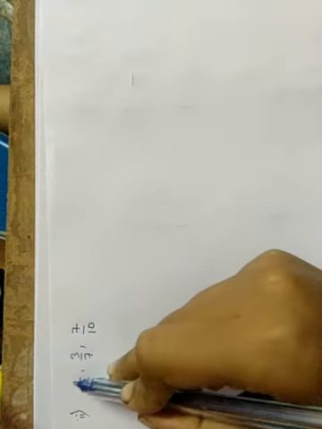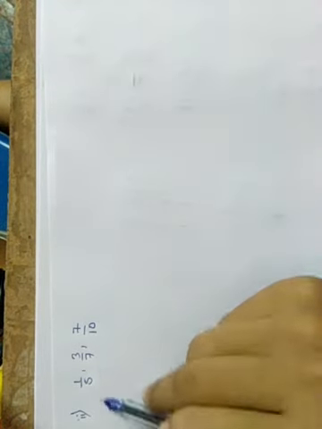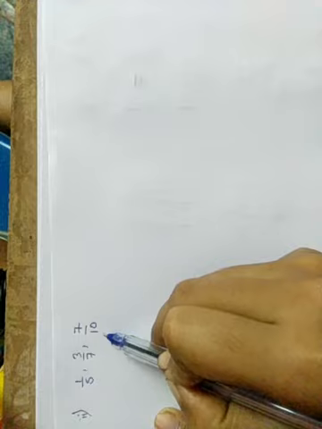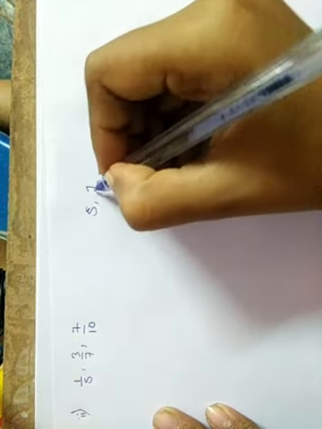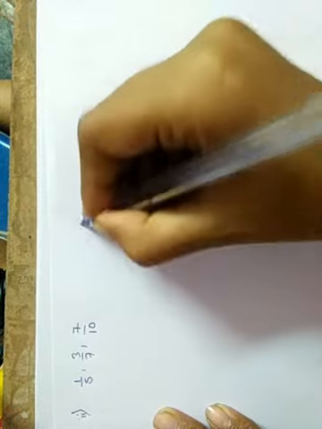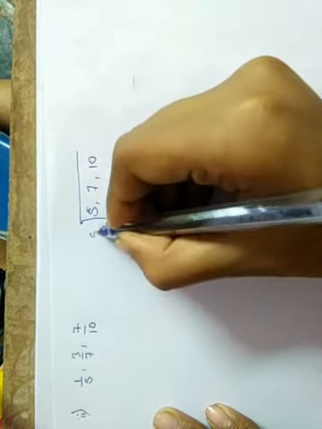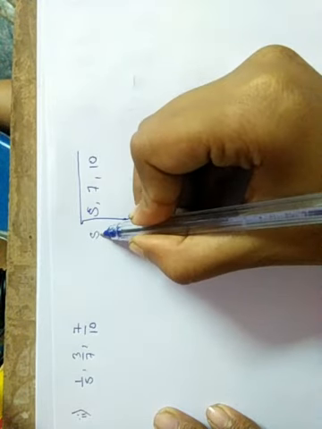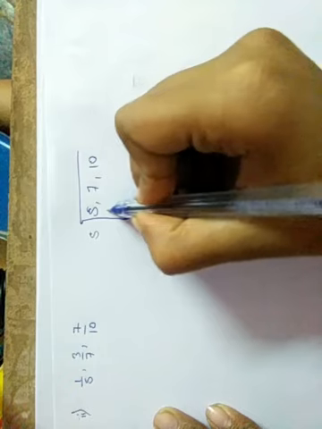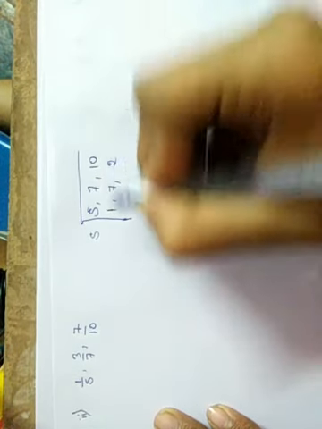Second problem, 1 by 5, 3 by 7, 7 by 10. Again we have to take the LCM of these three denominator values. We'll take 5, 7, 10, right? Again I will simplify it by 5 because two numbers will get simplified here. 5 ones are 5, 7 I will keep as it is, 5 twos are 10.